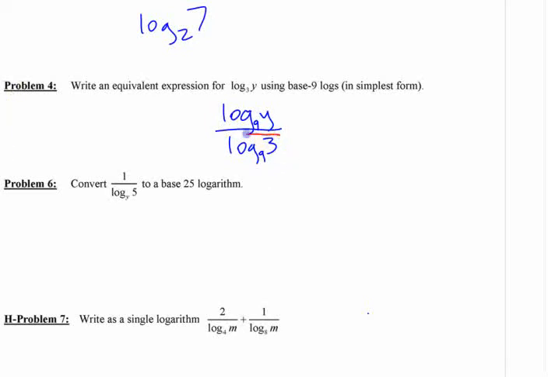But if you're evaluating the log base 9 of something, you need to know what power of 9 that is. How could you write this as a power of 9? Yeah, that's the square root of 9, so you could write it as 9 to the 1/2. So this expression on the bottom you could make equal to log base 9 of 9 to the 1/2.